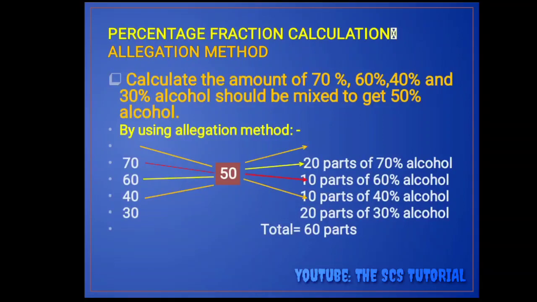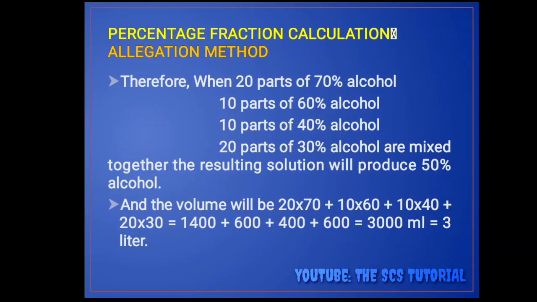Similarly, another example is when we need to calculate the amount of 70%, 60%, 40% and 30% alcohol that are used to produce a 50% alcohol. To produce a 50% alcohol, how much quantity of 70%, 60%, 40% and 30% alcohol should be used? By using the alligation method, we can calculate it; the figure will be this, and from this we can get these parts of 70%, 60%, 40% and 30% alcohol that are required.